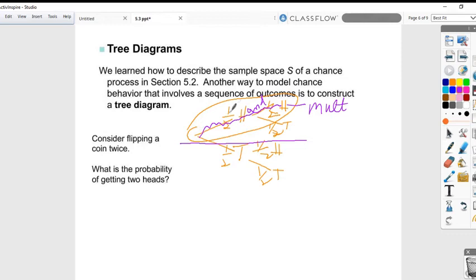From your first branch, it's either this or this. When you first flip a coin, it's either heads or tails. So you're going to add in between the branches. Multiply through, add in between. That's your rule for probability for tree diagrams. Multiply through, add in between.